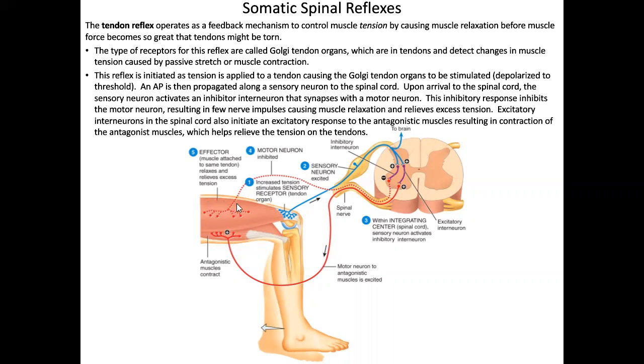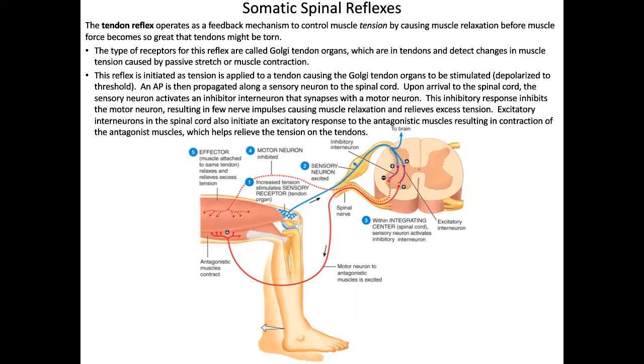And the inhibitory signal is going to that same muscle that was originally contracted, the quads, which means they relax. In doing so, the leg pulls backwards, which relieves all the stress off of that tendon.